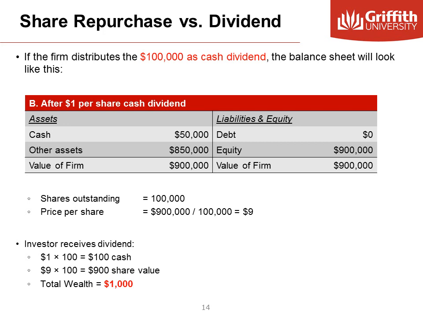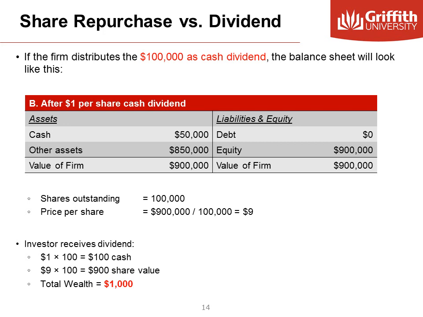The number of shares outstanding is the same, 100,000, but the value of the firm becomes $900,000 because the stock value decreases by the amount of the dividend, as we said previously. In our case, it is $1 per share. Thus, from $10 a share, it becomes $9 a share.